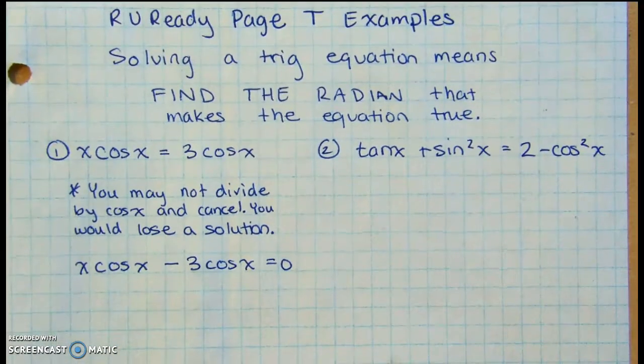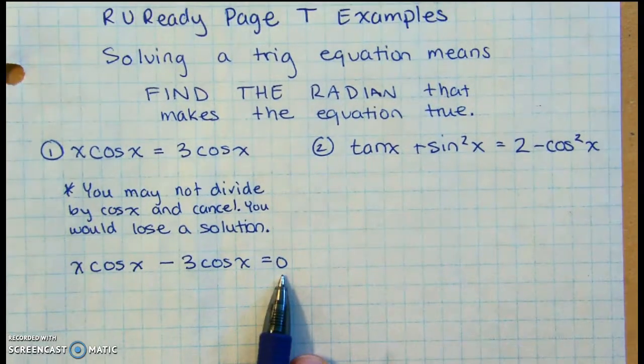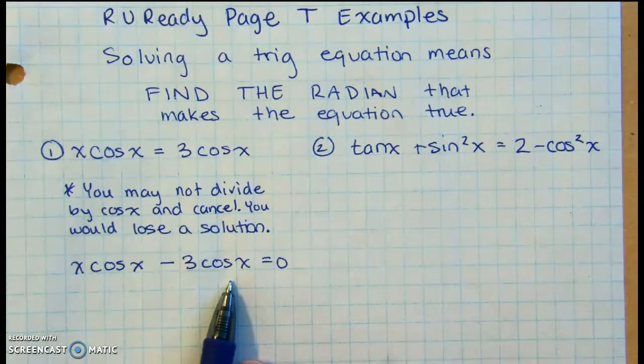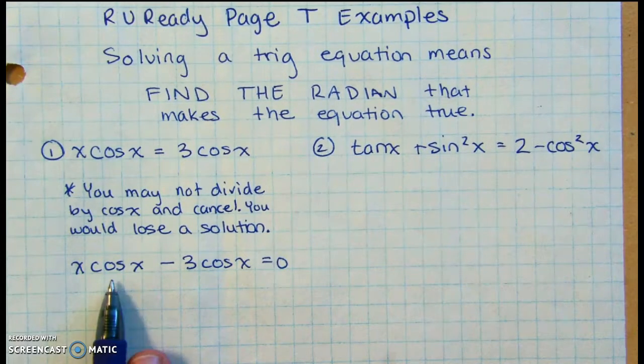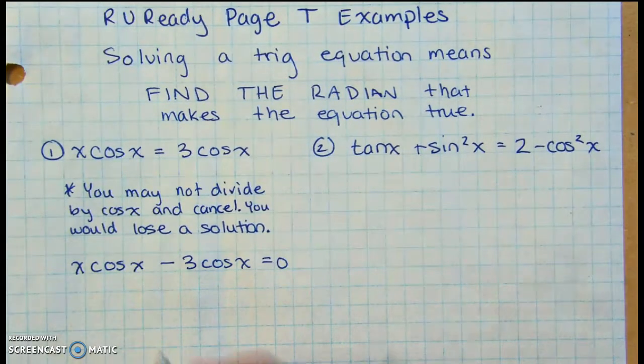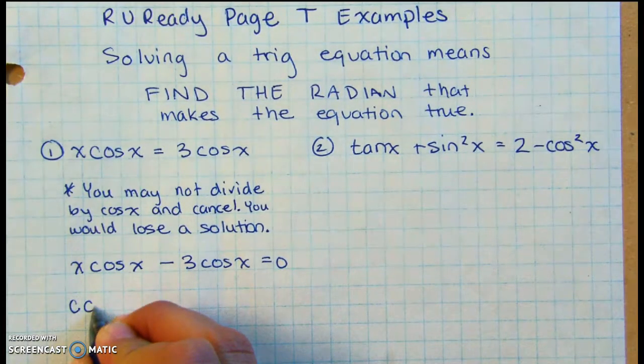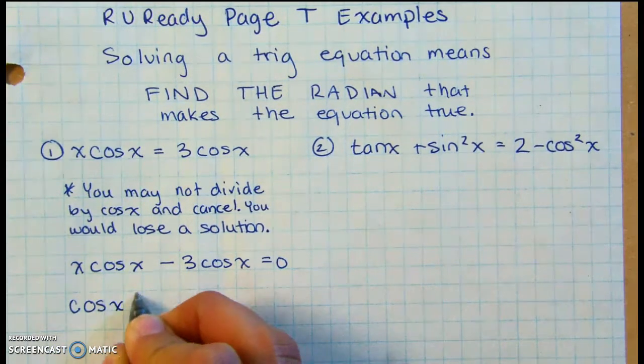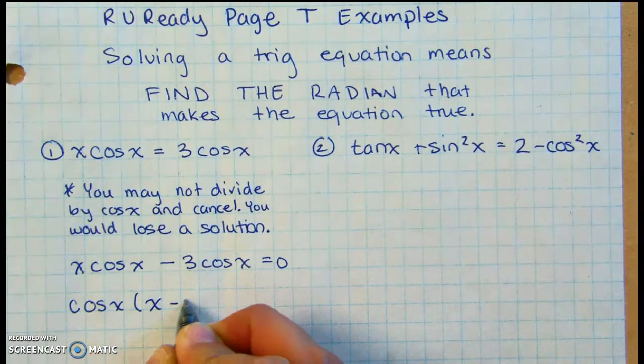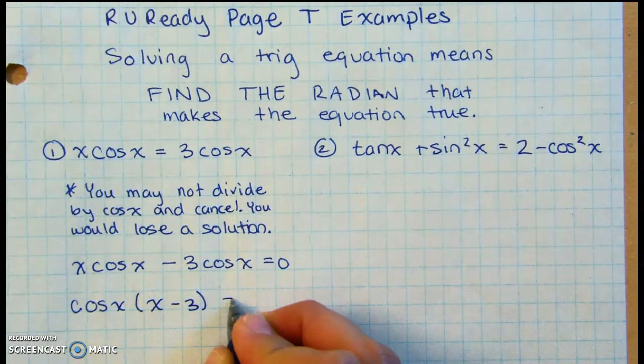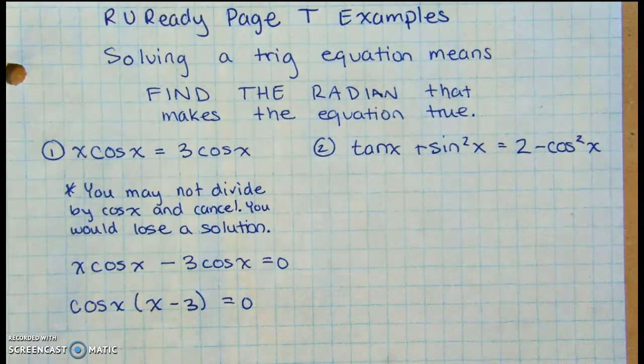Anytime we have an equation equal to 0, we can factor and use the ZPP, zero product property. What's the common factor here and here? We have cosine, so we're going to factor the cosine out, and then we have x minus 3 equals 0.